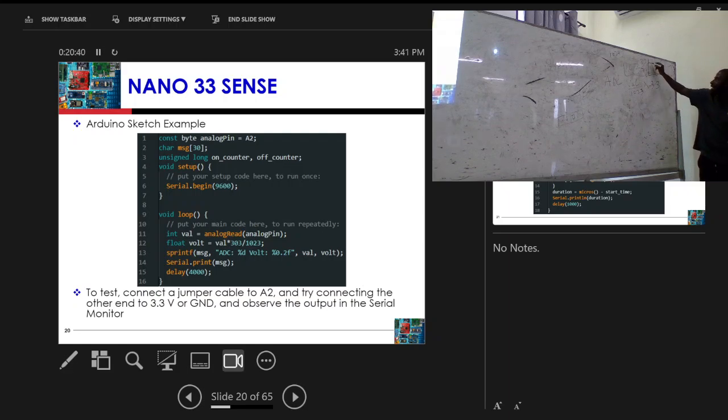The 1024 is the number of points I can pick from in the analog signal, and then use that to convert to digital. So at each point, it picks a value. This can be 3 point something or 2 point something.